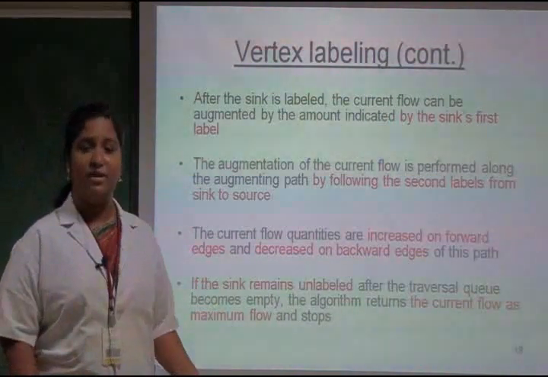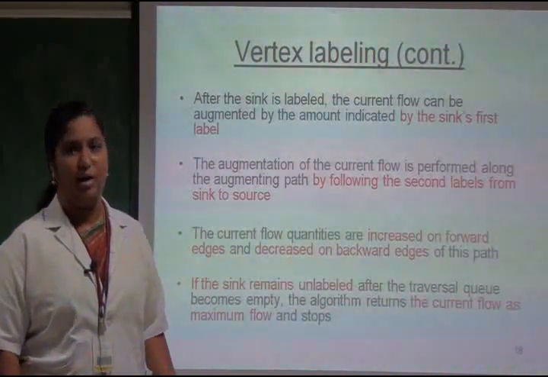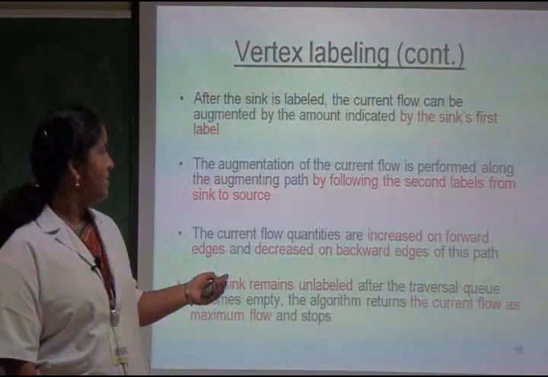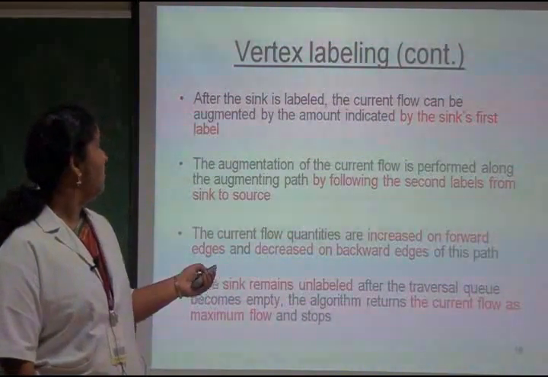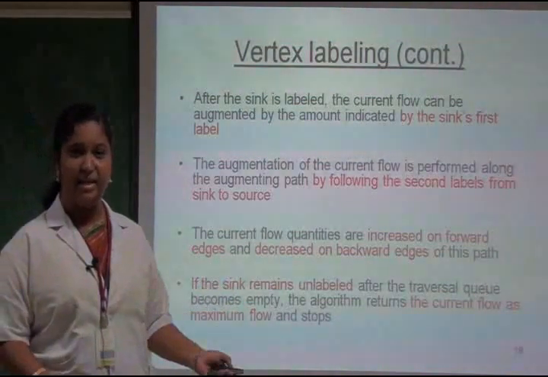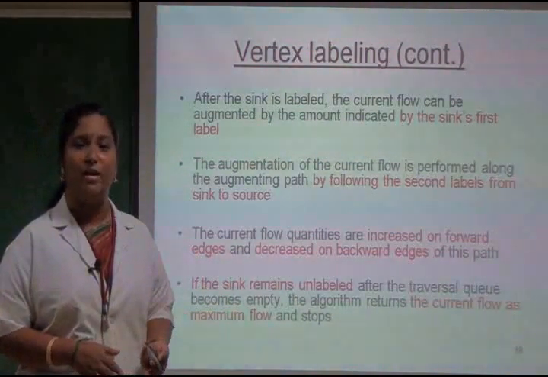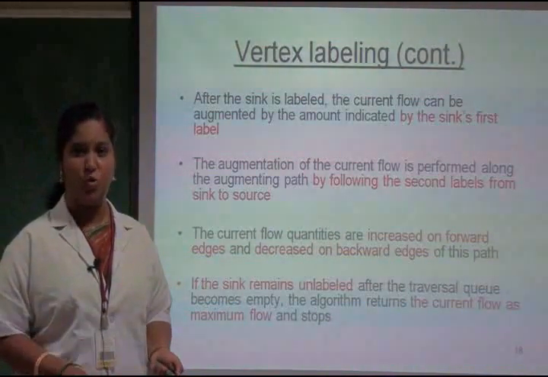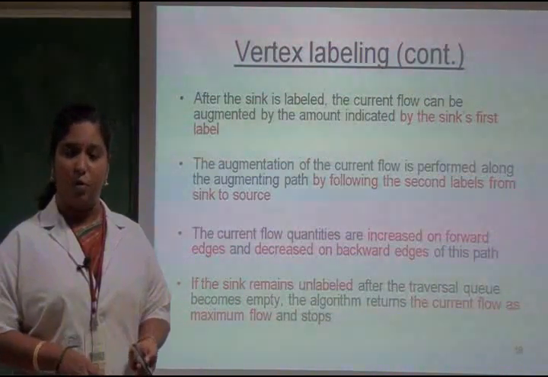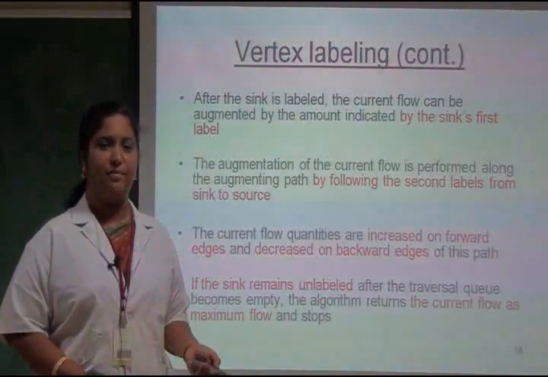So after all vertices are labeled, you need to find out the augmenting path. Once the sink is labeled, you have to start this procedure. You have to use the first label of the sink to update the flow values of all edges. So remember that.